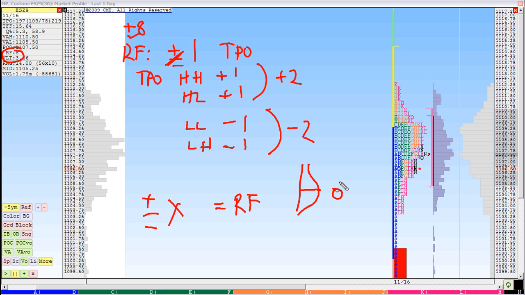It happened the same day that we had the trend day on the ES. We also on the Euro had a perfect bell curve with a rotational factor of 0, and its high and its low were made on the initial balance. Very interesting.